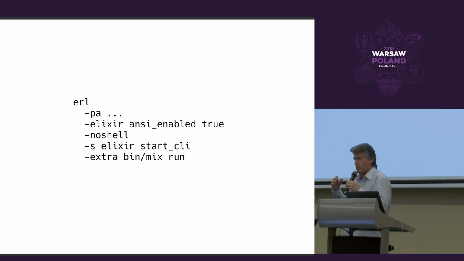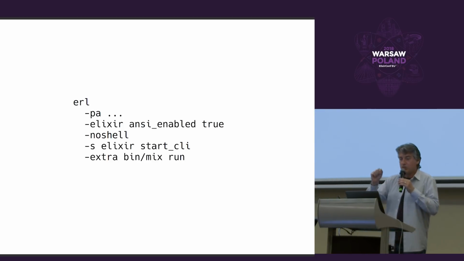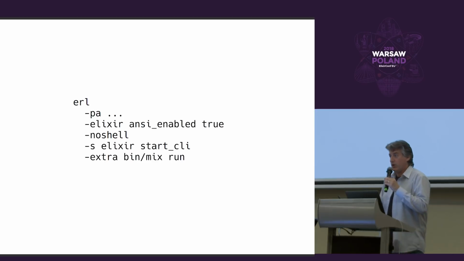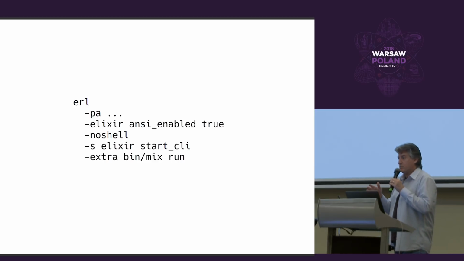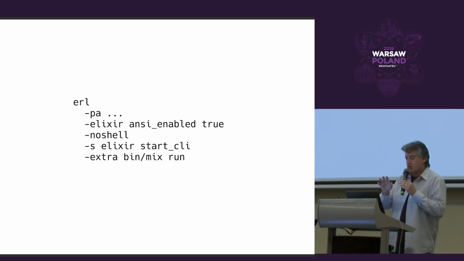We know that everything runs on the beam, so the path from Mix to the beam is exactly that. Mix is run by Elixir, and Elixir is an Erlang program. So you launch the Erlang shell to run Elixir, which is going to run Mix. This is super interesting, and it's very relevant in releases. But in the case of using Mix, which is going to be the content of the presentation, there's not too much to say about it. So we are going to jump over it. Just realize that we are launching the beam at this point.